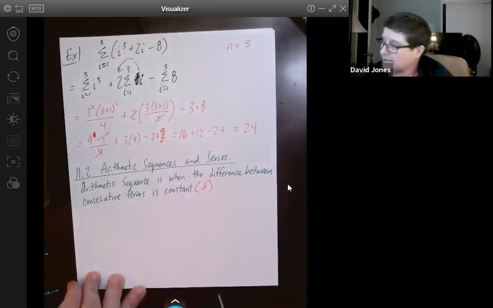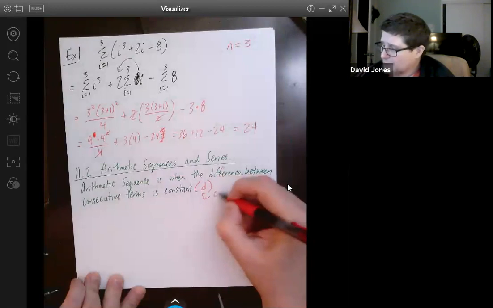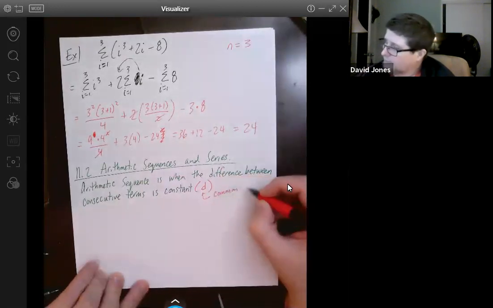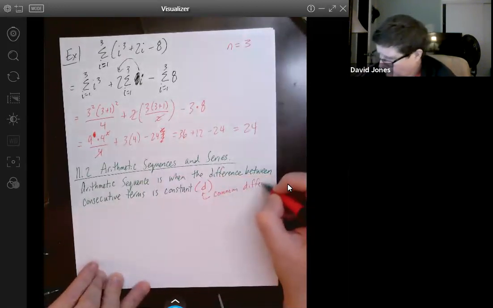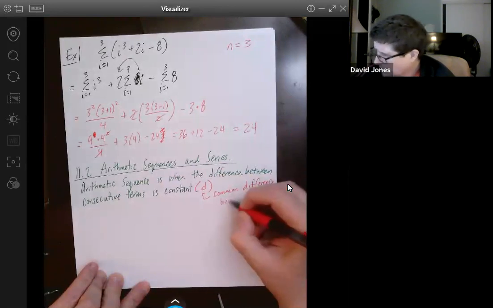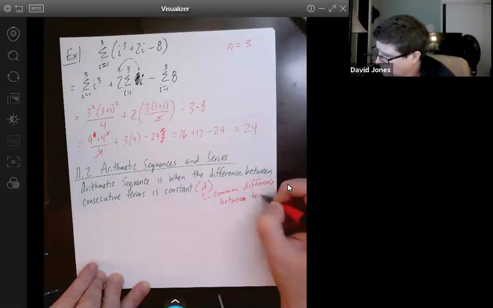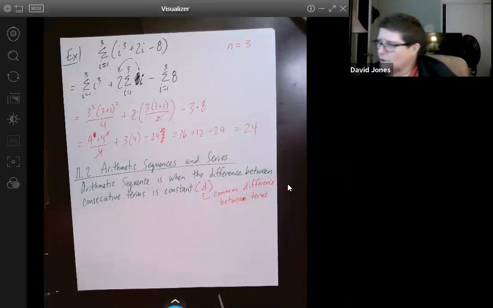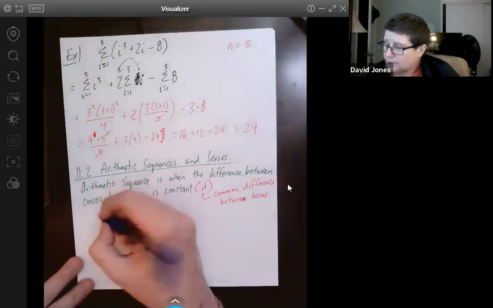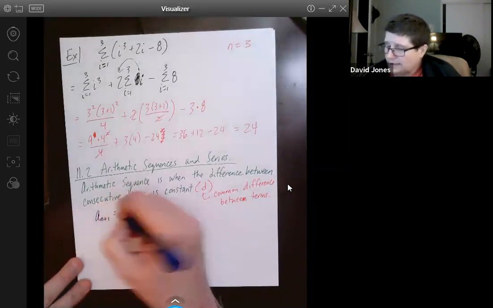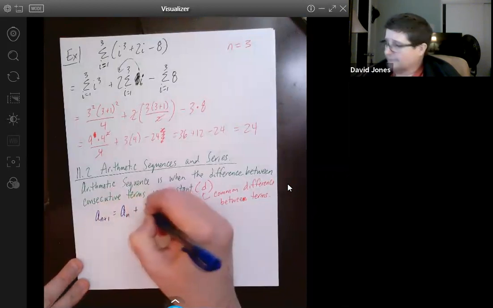D for difference. The common difference between terms. Which means rather than writing it out, I can just say that a sub n plus 1 is a sub n plus that common difference d.